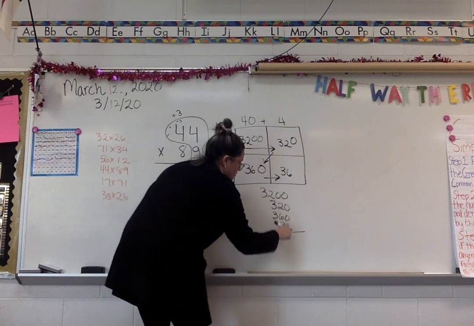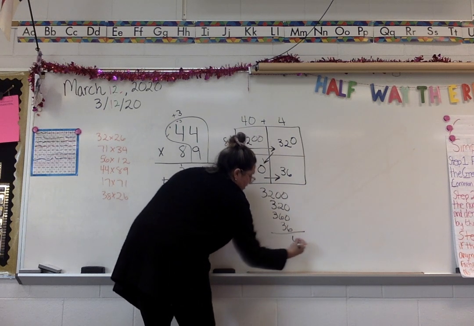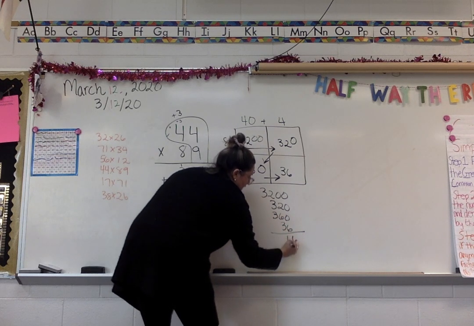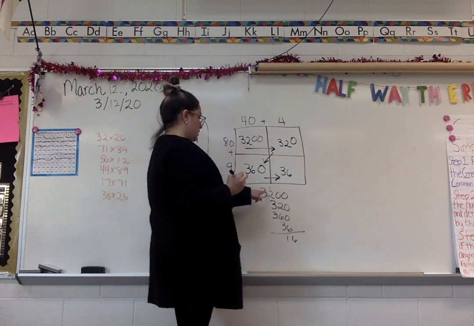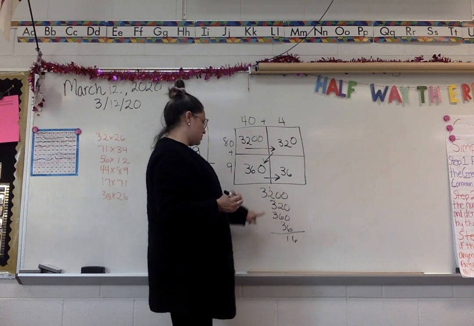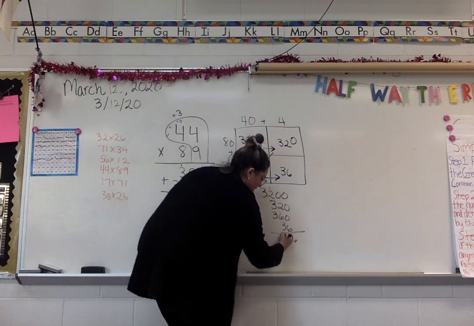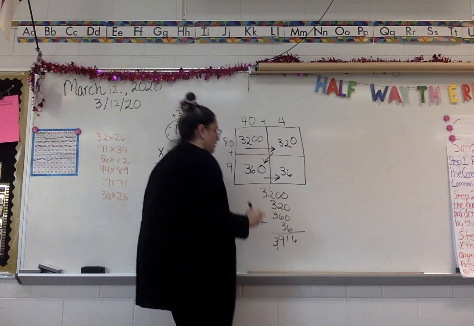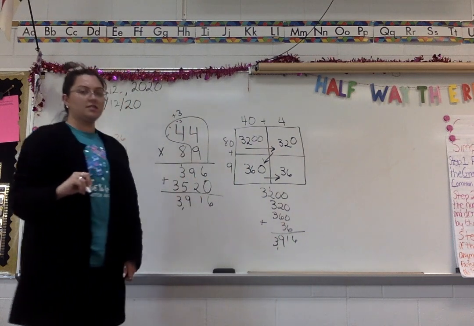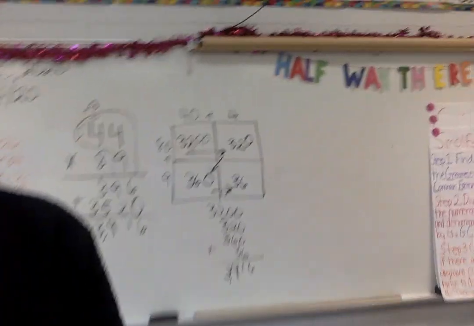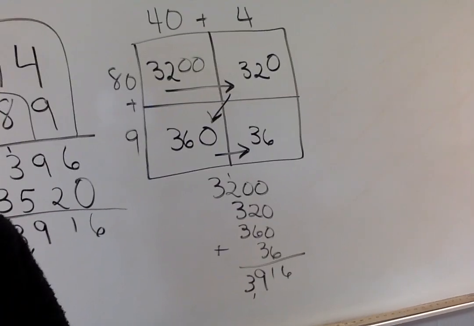Okay? So 0, 0, 0, 0 plus 6 is 6. 2 plus 6 is 8 plus 3 is 11. Carry my 1. 1 plus 2 is 3 plus 3 more is 6 plus 3 more is 9. And then 3 plus nothing is 3. So here again, 3,916. Okay, so make sure you're being careful with your multiplication, more careful than Miss Metten, hopefully.